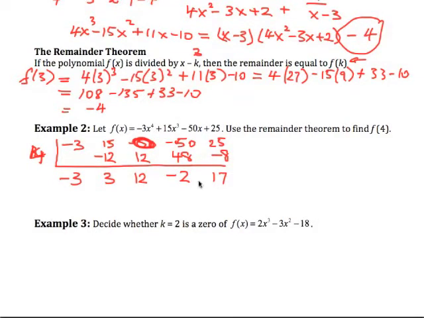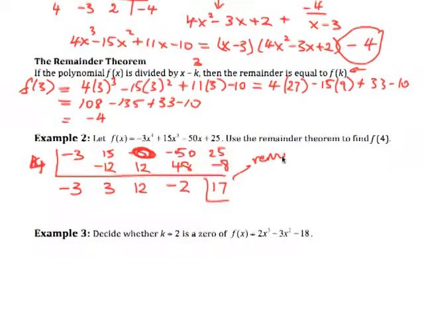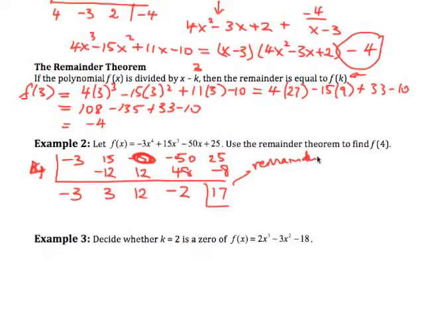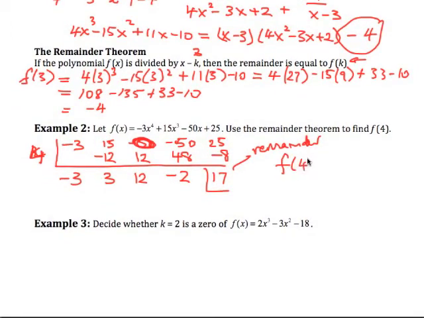Okay, and so consequently we see that in this particular case, we're going to actually get a remainder here of 17. So this is the remainder.